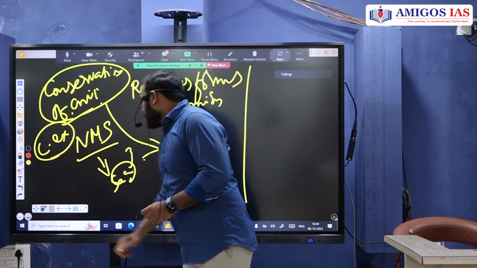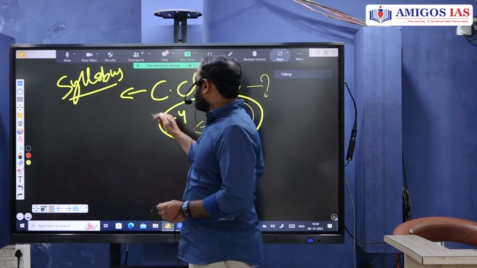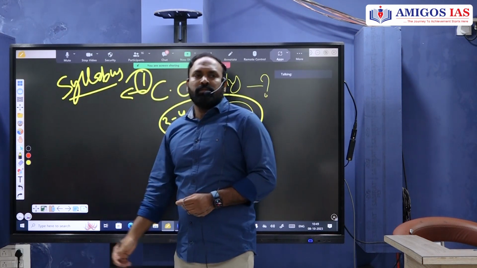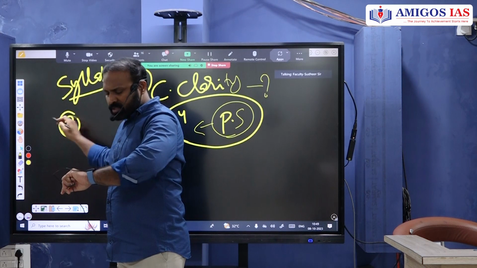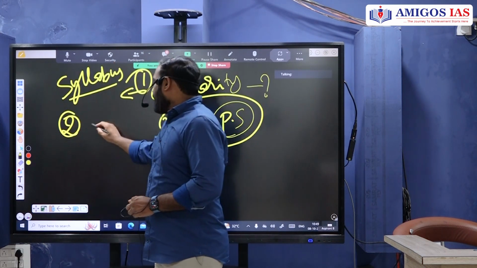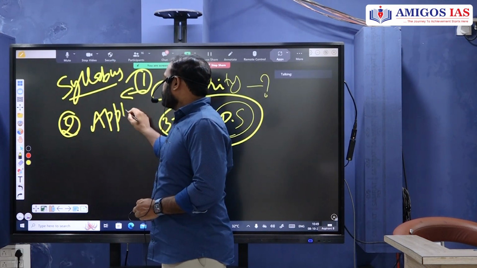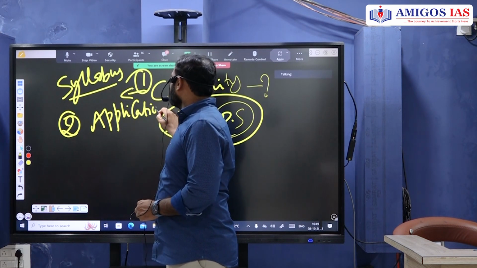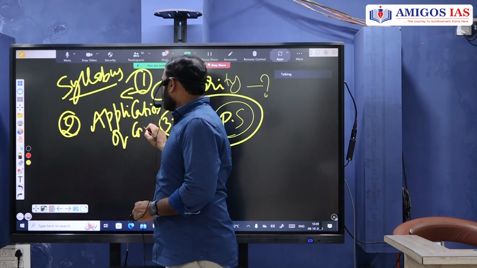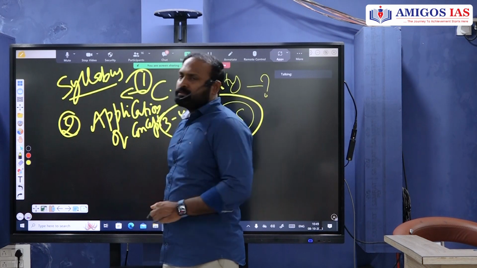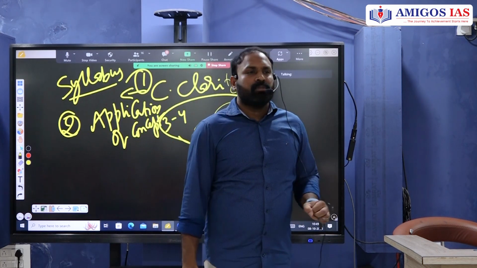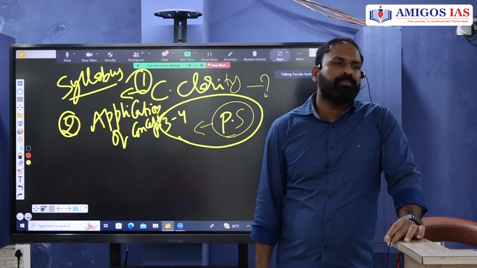So again, let us go back. First one is conceptual clarity. What is the second important prerequisite? Application of the concept. What is application of concept?